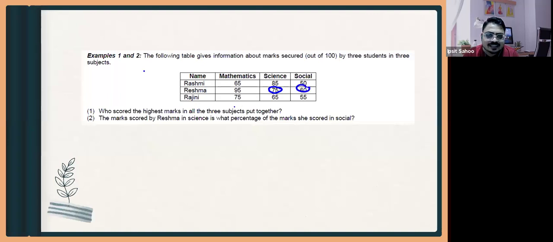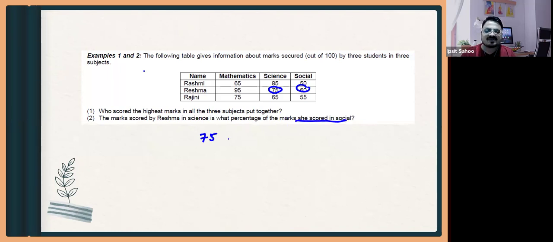That is 60. So I have told one thing: whenever you have a percentage, whatever is written after "of" or after "than" will be in the base or the denominator. So Resma science is nothing but 75. Is what percent of the mark scored in social?